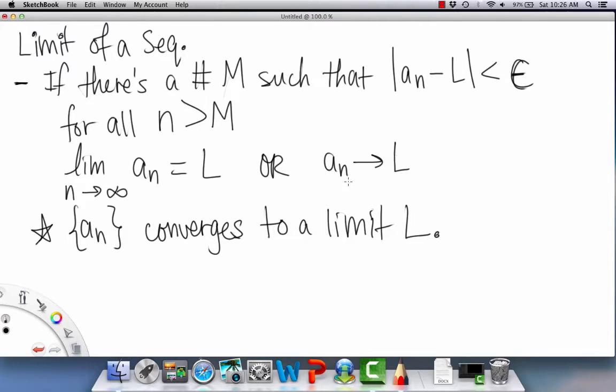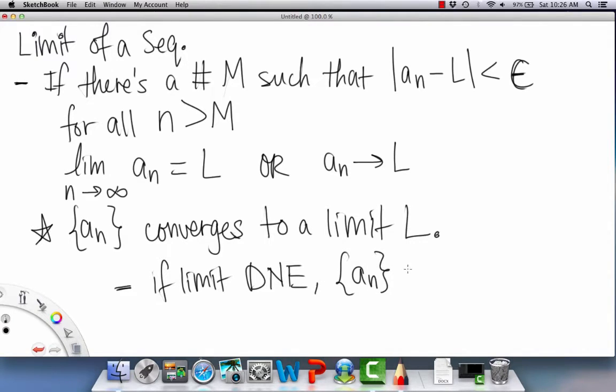Okay, so basically, I'll also write the other two options. If the limit does not exist, then we say that a_n, the sequence, diverges.